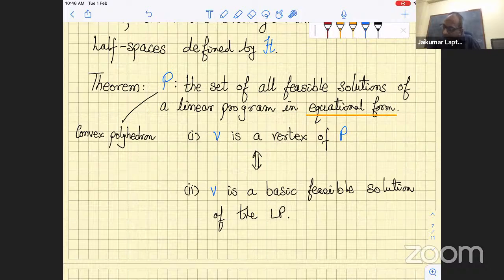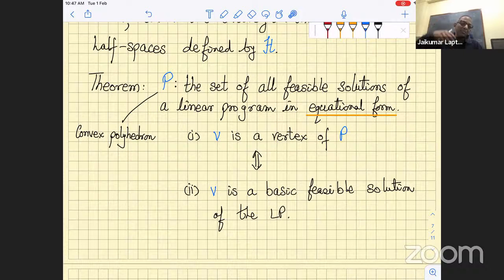So the claim is that if you have the set P of all feasible solutions of a linear program in equational form, then v is a vertex of P if and only if v is a basic feasible solution of the LP.